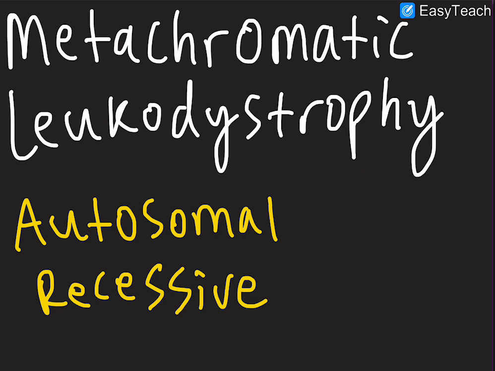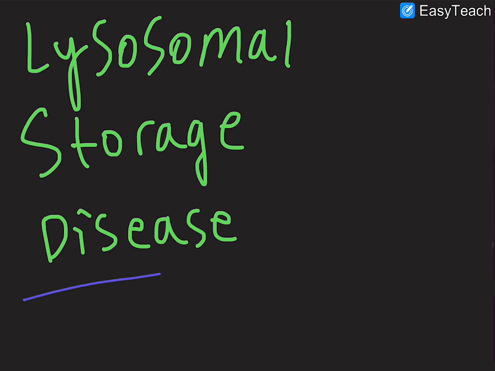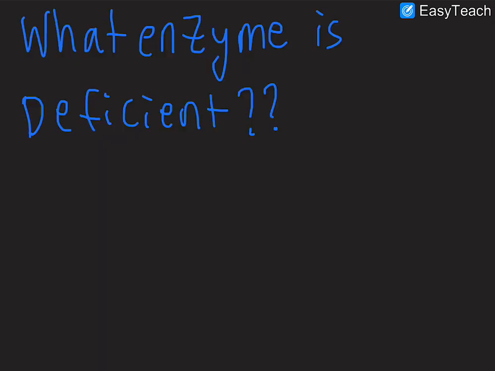So first thing we should know is that the inheritance pattern for this disease, metachromatic leukodystrophy, is autosomal recessive. Again, it's a lysosomal storage disease. Main thing we have to focus on is what enzyme is deficient and what accumulates. So what enzyme is deficient in metachromatic leukodystrophy?